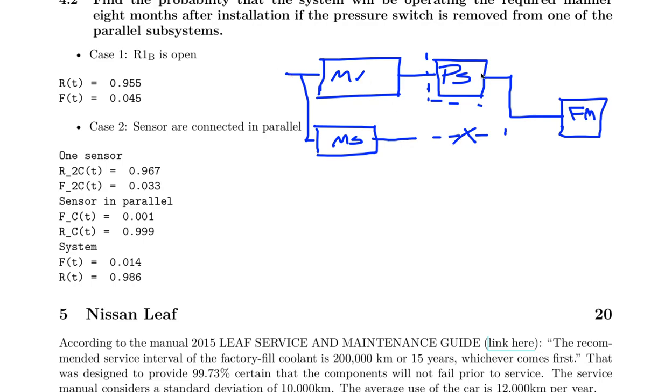So you have only these 3, which you would solve the reliability by making the exponential again of minus t times the lambda of the moisture sensor, plus the lambda of the pressure switch, plus the lambda of the flow meter.